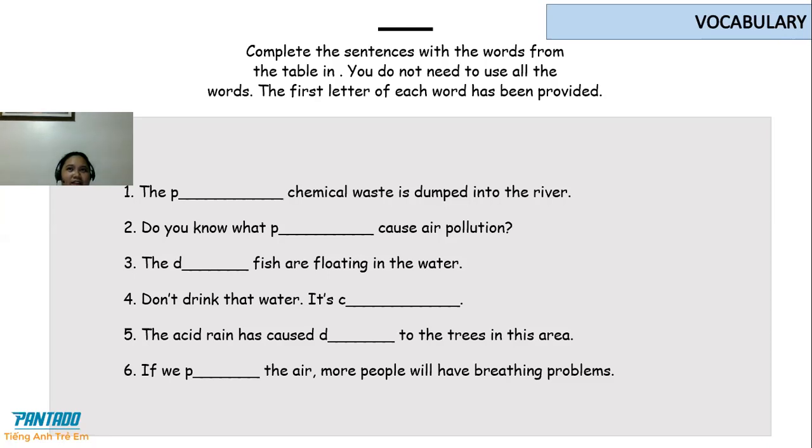So what you just have to do is to just complete each word, okay? Yes. Okay. So do you want to just read this or do you want to write the answer? I want to write first. Okay.